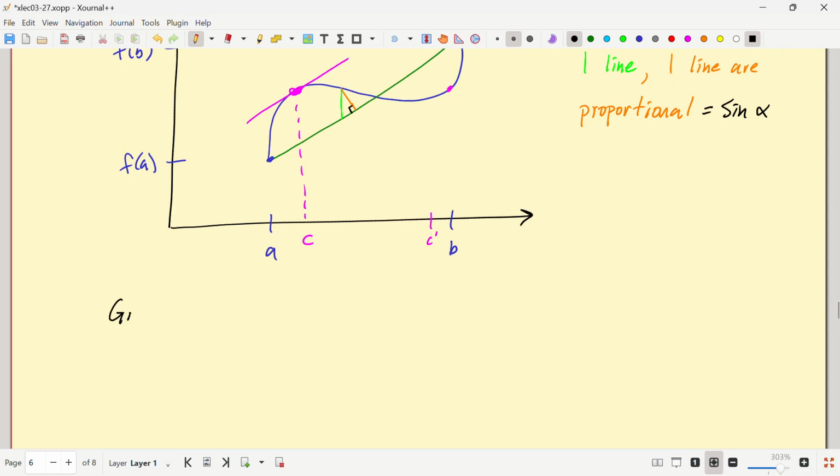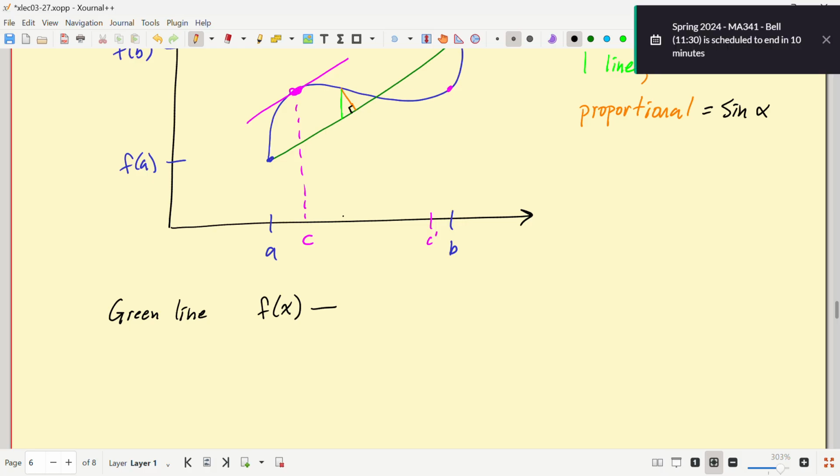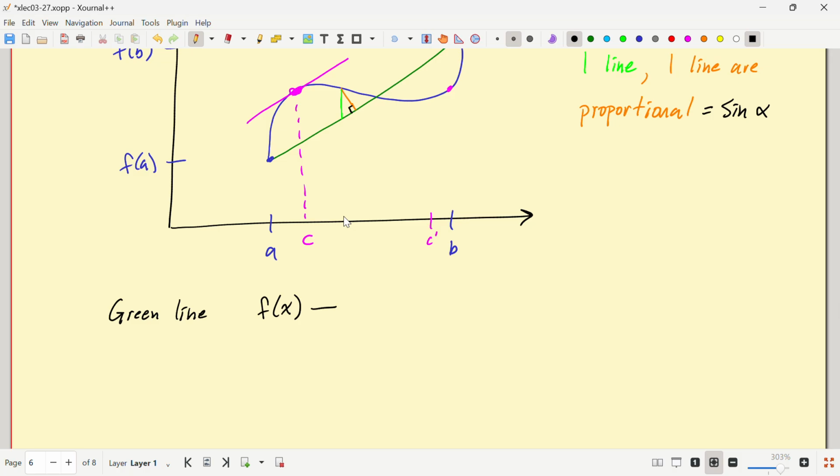The green line length would be f of x minus the value of the function along the secant. Let's see, what would it be? The slope of that secant is f of b minus f of a over b minus a, and you multiply by x minus a over b minus a.